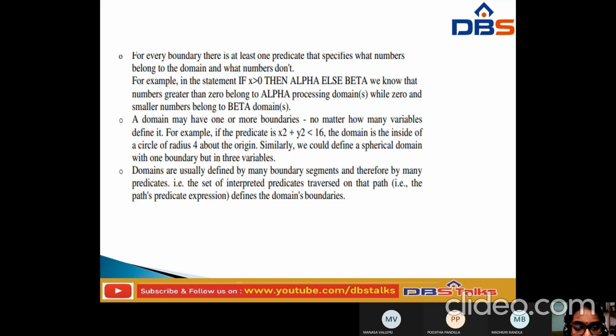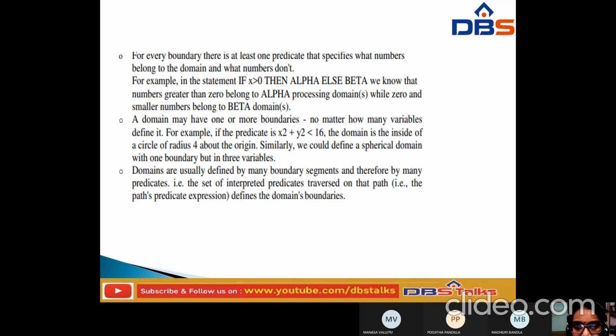So many times we are going to perform this on one path. That is, if it is a path predicate expression, we are going to perform many types of traversals that define the domain boundaries. So from this we can say that a domain may have one or more boundaries, no matter how many variables define it. We have taken this example also.